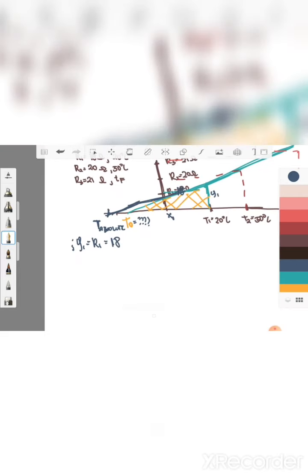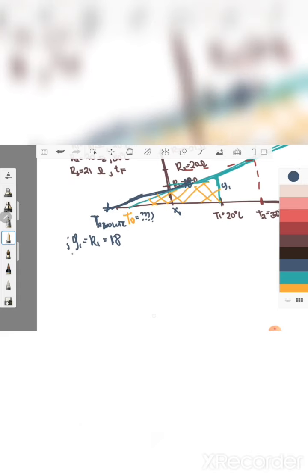Okay? We have R1 is equal to 18. And then yung T1 natin, or your X1, is equal to your TO plus T1. TO plus T1, di ba? Alright. We have our TO, which is equal to unknown, plus our T1, which is equal to 20 degrees Celsius. Alright.